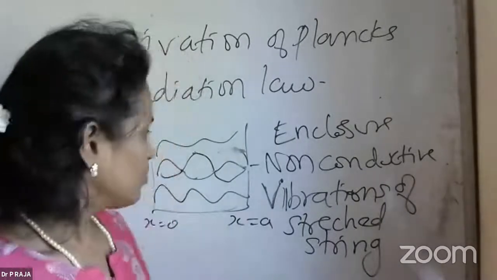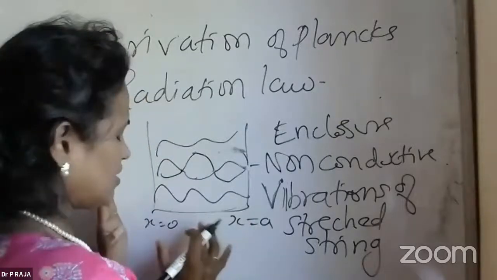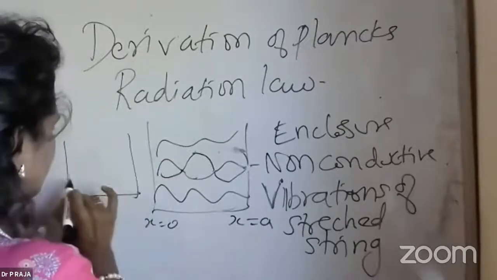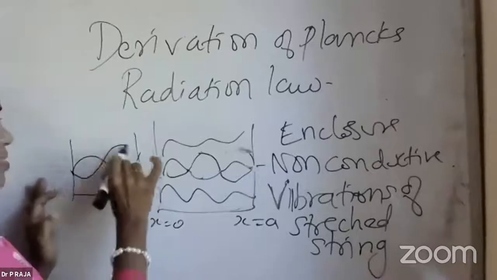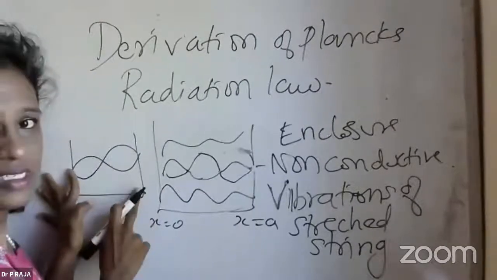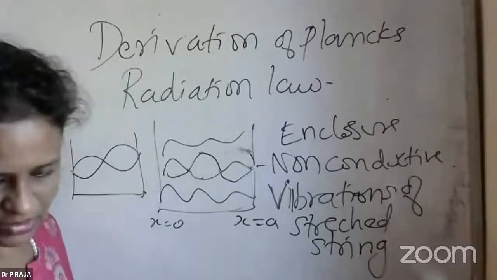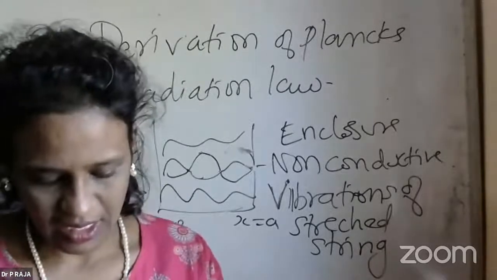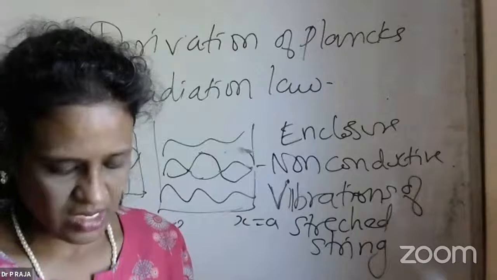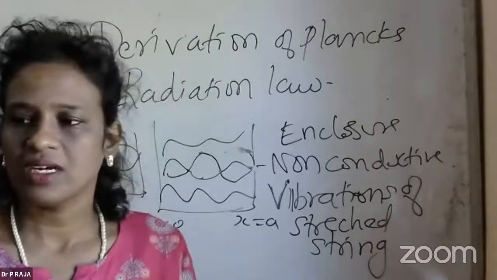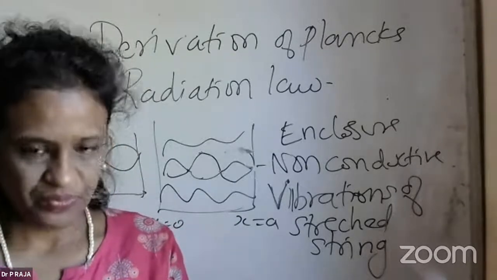Imagine that there are some stationary waves which are forming in between this region, as we discussed in the Rayleigh-Jeans case also. Similar case is happening here, and we are going to use the conditions of a stretched string enclosed in a container.